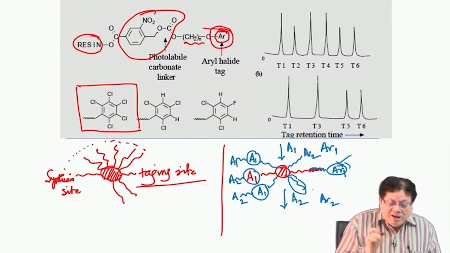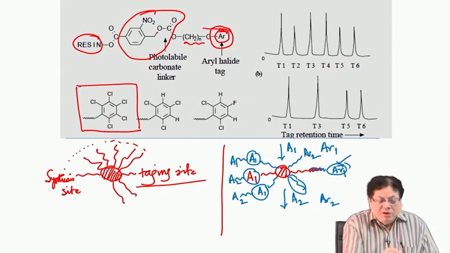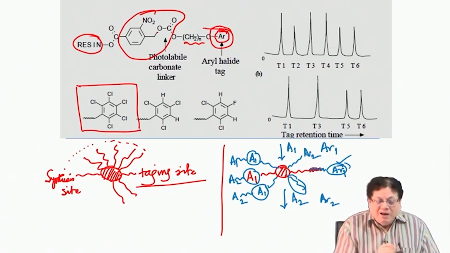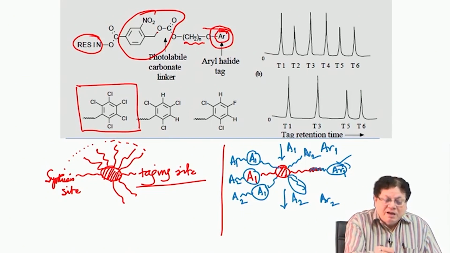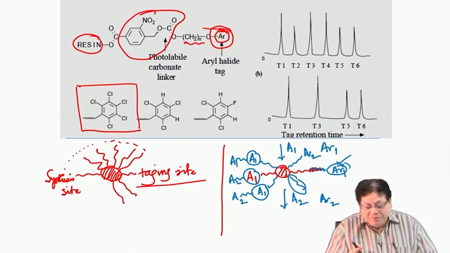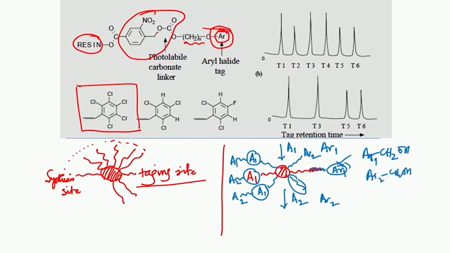Now, what is done here is that after everything is done, you shine light, and when you shine light, your benzyl oxycarbonyl falls off. So, what you will get is AR1 CH2 OH, and this is AR2 CH2 OH, then you can get AR3 CH2 OH like that.